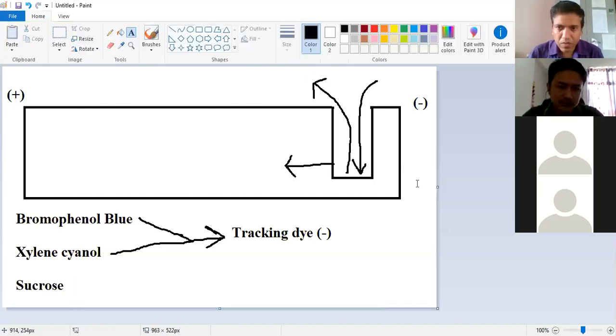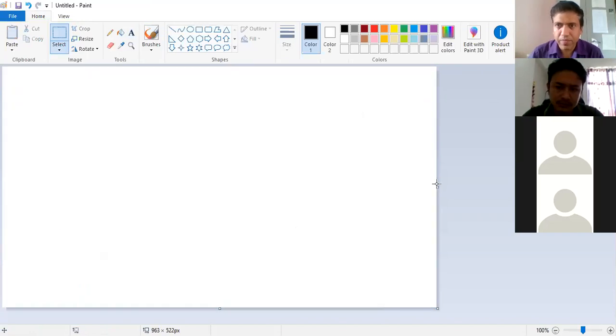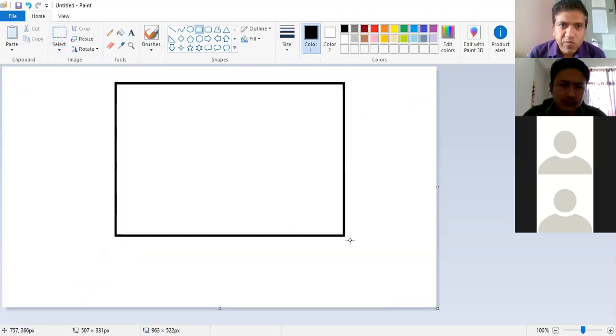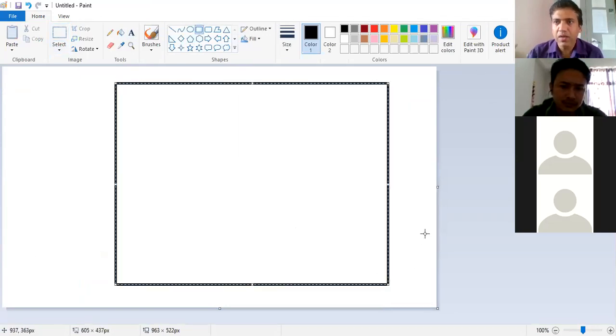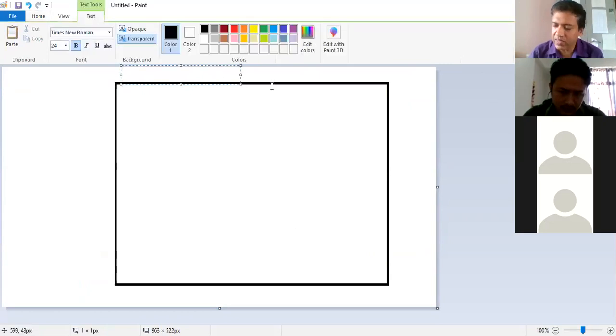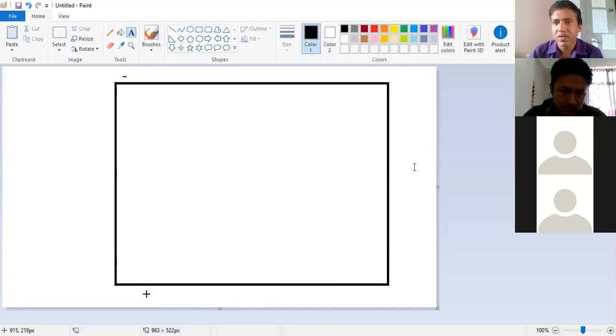Now, this was all about the gel and the DNA loading. So say, this is the gel from front side. And here, this side is anode, this side is cathode. Upper side is anode, cathode.